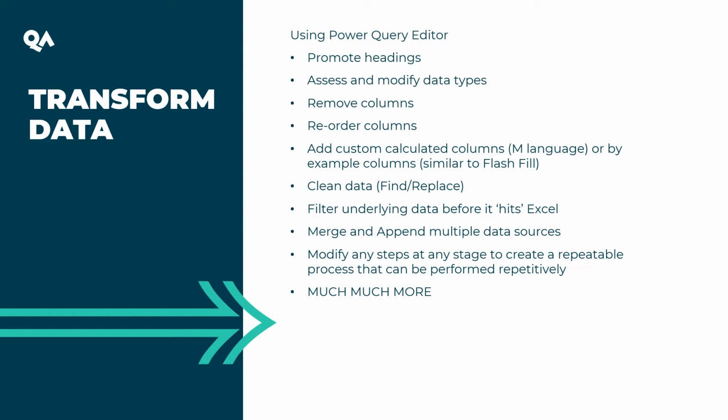And most importantly, any of these steps can be modified at any stage. So if we get something slightly wrong, or we need to change the source and the file path of where the data is coming from, all that can be done, and so much more. Remember, this video is just about an introduction to the feature. This is going to grow and grow over the next few years.